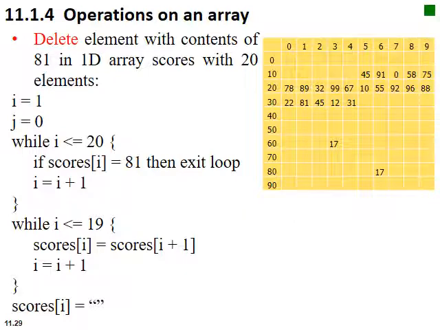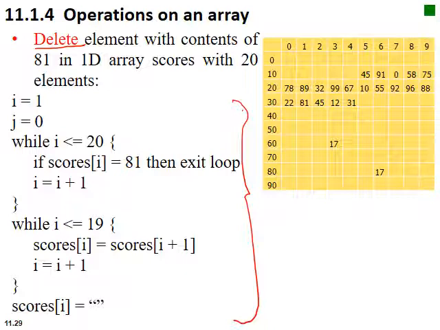Another example for deleting in this case. So delete the element with contents of 81 in this one-dimensional array with 20 elements. So this is a bit more difficult. Now you'll actually see, if you look at this, there's a whole lot more code that we will have to write in the end. So it basically says search for an element that has the value of 81.